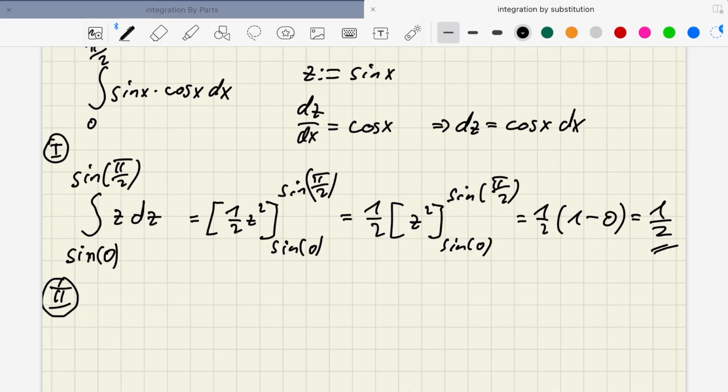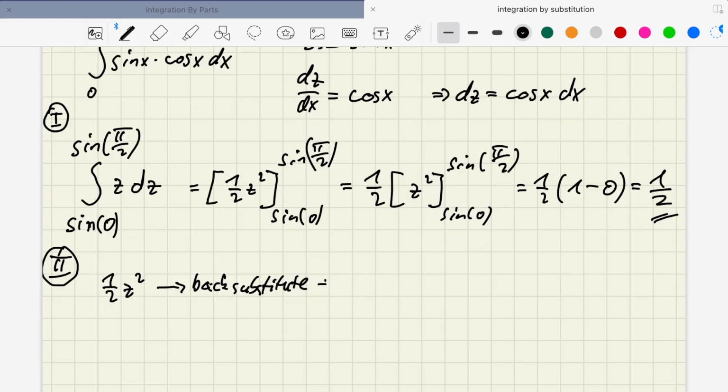Now you have your stem function, which is 1.5 z squared, which is 1 divided by 2 z squared.